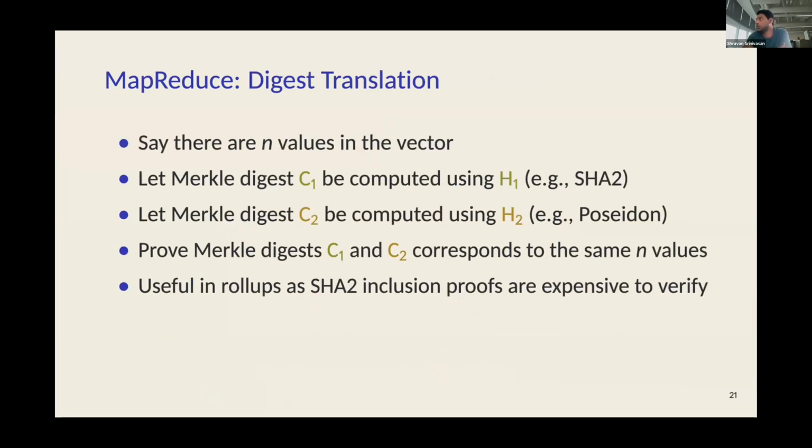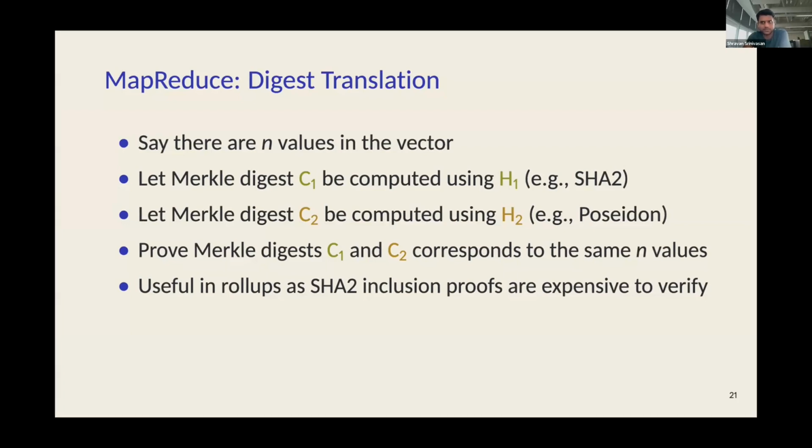Another application is what we call digest translation. Say that there are n values in a vector, and you compute the Merkle digest C1 using hash function H1. For example, that could be SHA-256, and you compute the Merkle digest C2 using a Poseidon-based hash function. And we want a proof which essentially says that C1 and C2 were computed over the same set of values.